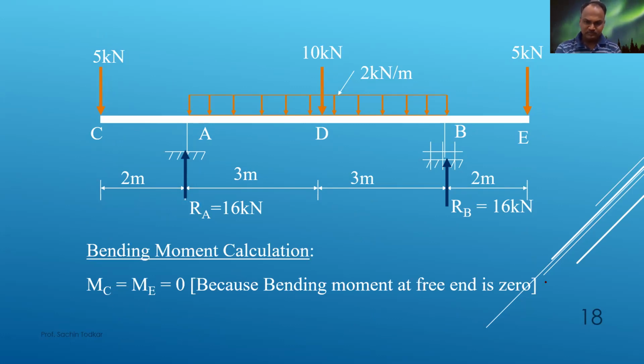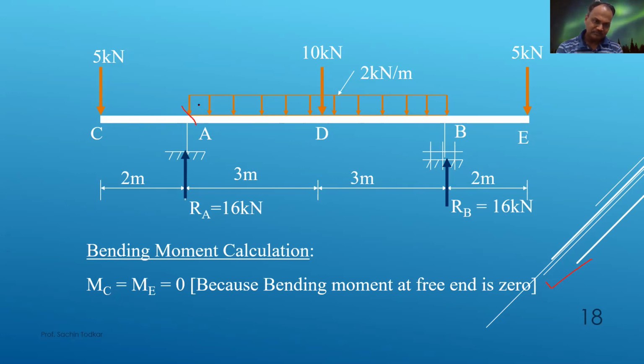This we have to remember: bending moment at free ends is always 0. So the bending moments of this particular overhang beam, MC and ME, are 0. We have to calculate only this and this bending moment. So 3 bending moments we have to calculate.